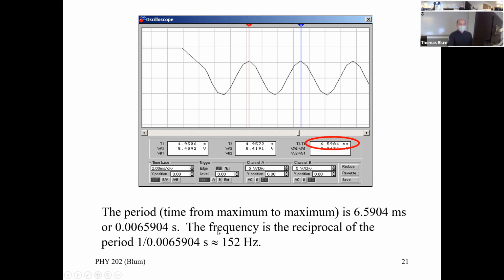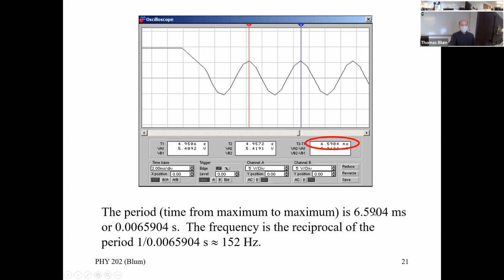And then the frequency is the reciprocal of the period, because the period is how many seconds for one oscillation, for one cycle. So the period is the number of seconds for a cycle, and then the frequency is the number of cycles per second. So they're just one over the other.